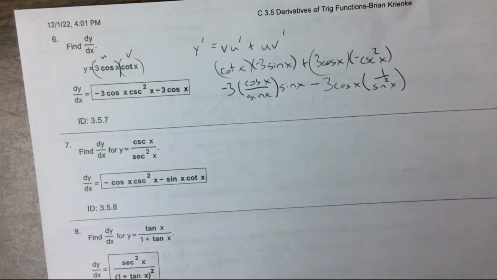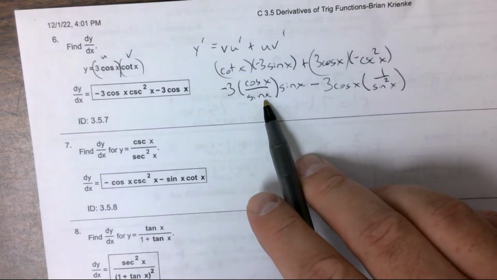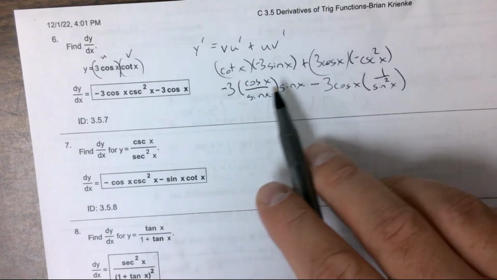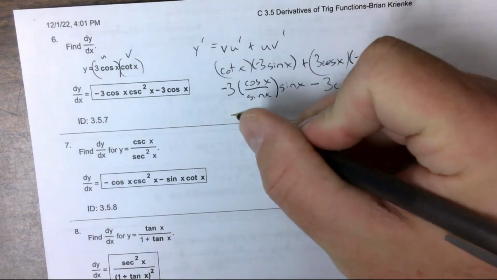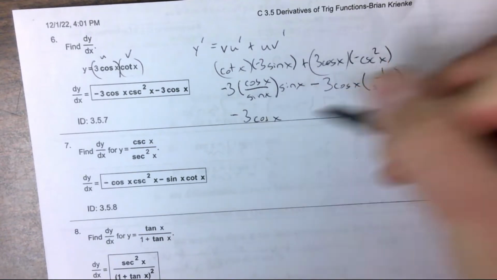So when we simplify this, our divide by sine and our sine cancel, and so this is negative 3 cosine x.